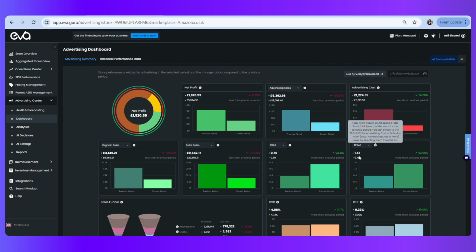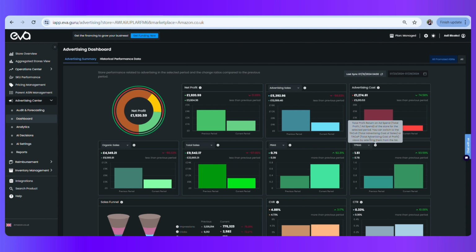So if we select the All Promoted ASINs filter, we get a higher TPROS value than All, which means that we have more revenue in our non-advertised products. Maybe this is because we don't spend extra money on advertising to promote those ASINs. So that's why in the All filter we get more revenue.